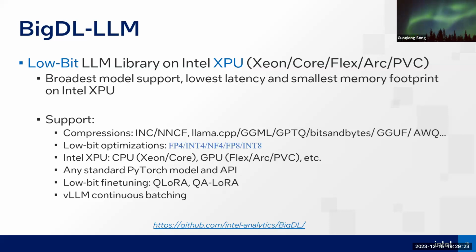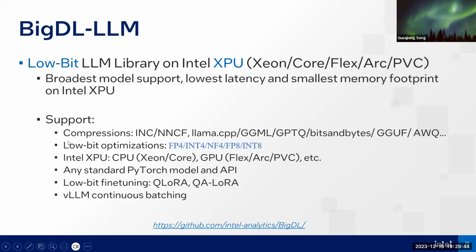The tokenizer also, we did some optimization. So to summarize, we support a lot of models, almost all the popular models on Hugging Face, and we guarantee you will get the lowest latency and the smallest memory footprint.